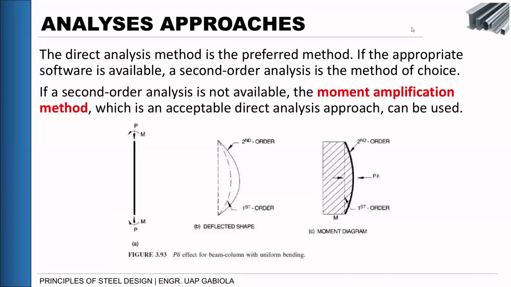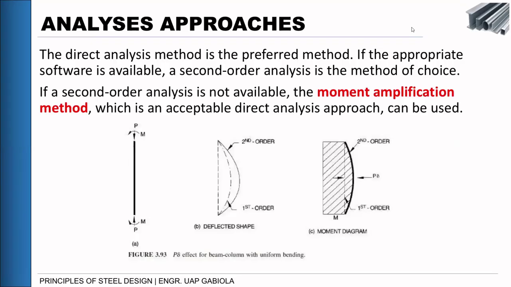Pero if second order analysis is not available, meaning the available software, ang sabi ni code, we can use the moment amplification method to use as a substitute for the second order analysis. So even without a software, we can calculate at least the approximate value of the actual applied moment in our section.